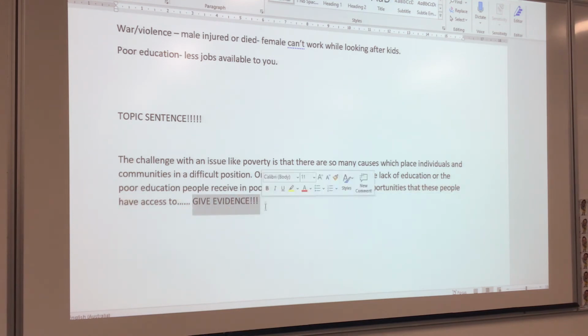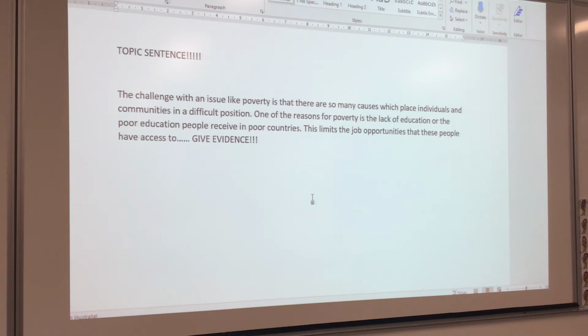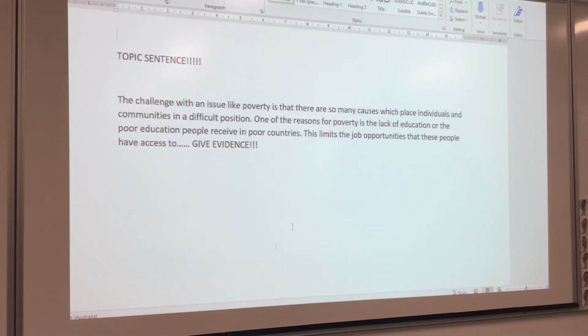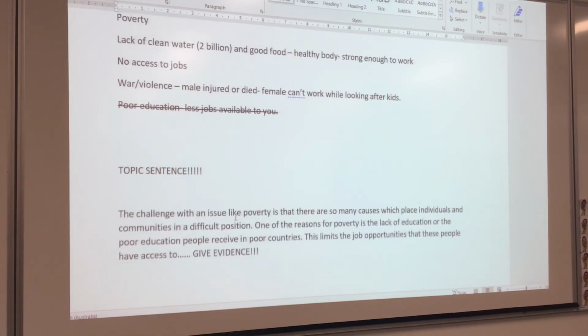Then give evidence for it. Then you can move on to your next reason. So now, I have now done that. Okay? And I'll cross it out. Done it, crossed it out, move on. Alright? Then we get to the end of our paragraph, and then we're ready to start our new one with a topic sentence. Any questions about that so far?